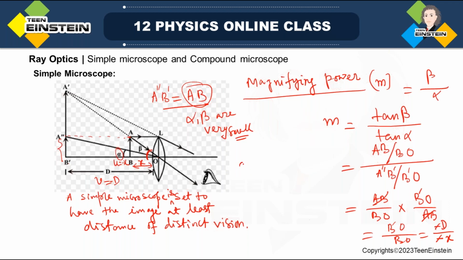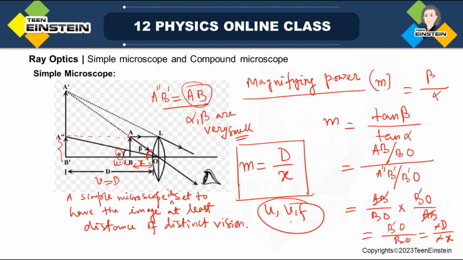So finally what we are getting is M is equal to D by X. Now you might be thinking, what is this X? We don't know this X, right? So we have to bring this X in terms of the three parameters, whether it is U, V or F. In terms of these three parameters, we have to bring this, okay?